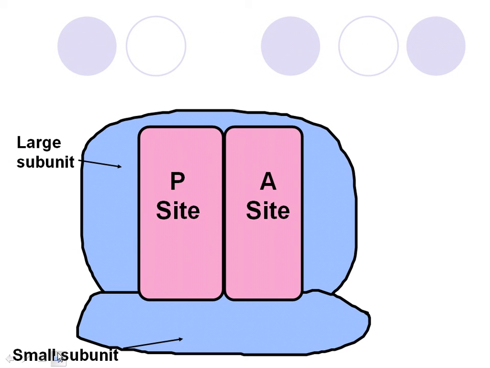This is showing us our ribosome. If you notice, the ribosome is composed of 2 subunits, a small subunit and a large subunit. And if I could grab a pen, I'll underline that.